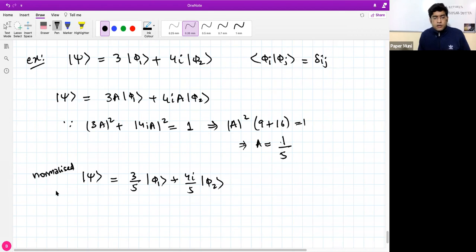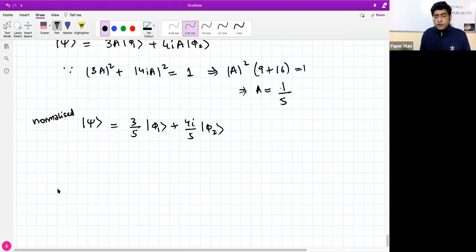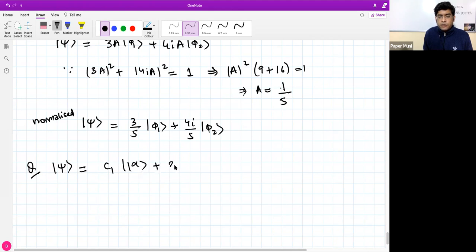All right, so let's see a question. Let's say you have been given a wave function which is c1 alpha + 2 beta + (1 + i) gamma state.